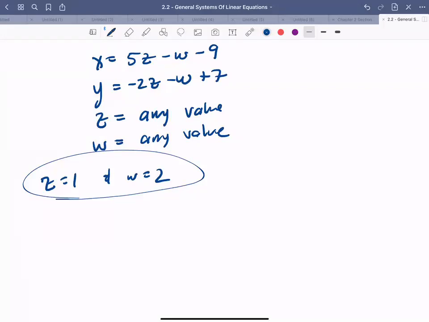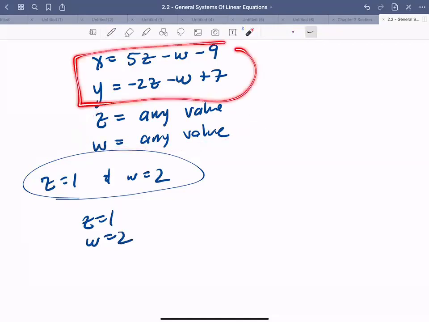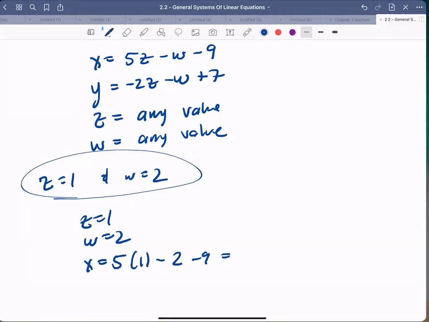So if that's the case, we know Z is 1, W is 2. Those are the easy ones, right? We took care of these. Now we have to take care of what X and Y are. So X is 5 times Z, which is 1, minus W, which is 2, and then minus 9. So it's 5 minus 2 minus 9, which gives you negative 6.